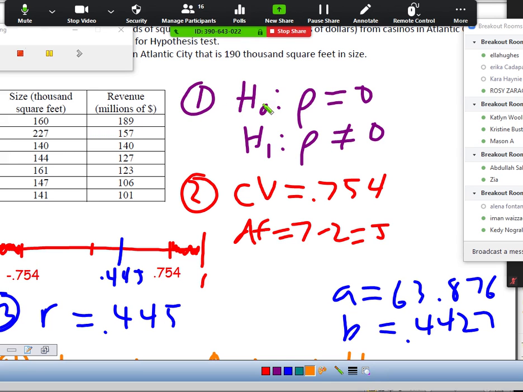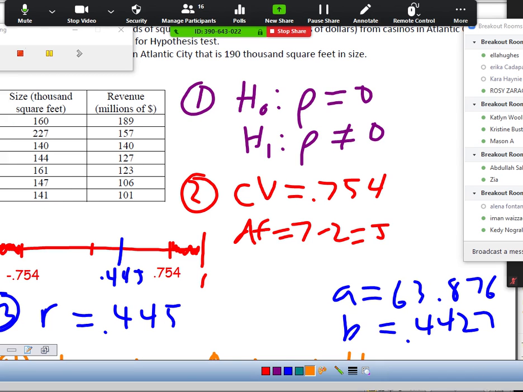So your H naught is always going to be rho equals 0. H1 is always going to be rho is not equal to 0. And then your critical value should be from that PPMC table. I have 1, 2, 3, 4, 5, 6, 7 items, so my degrees of freedom is 5.